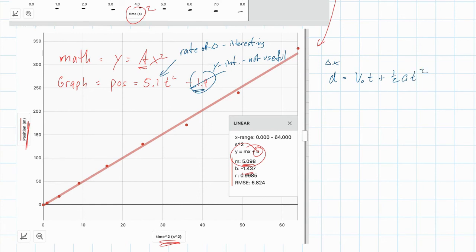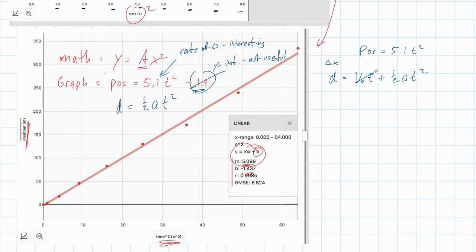Now, at first glance, position equals 5.1 t squared is not exactly mapping to this equation right here. But if we consider that this object has been dropped from rest, then that makes this original velocity go to 0. So what that gives us is d equals 1/2 a t squared.